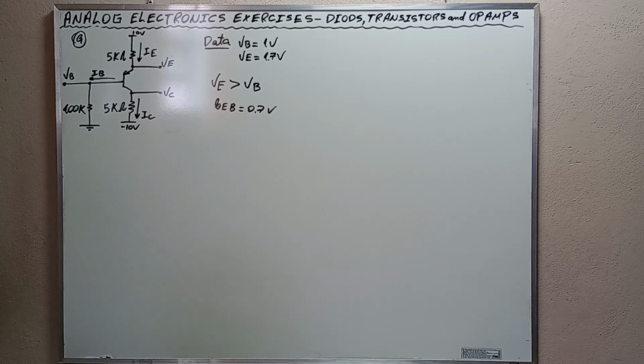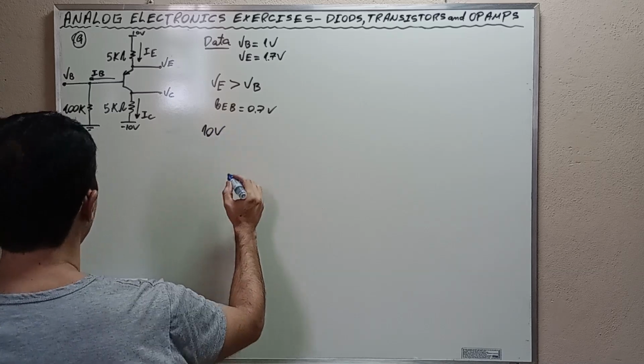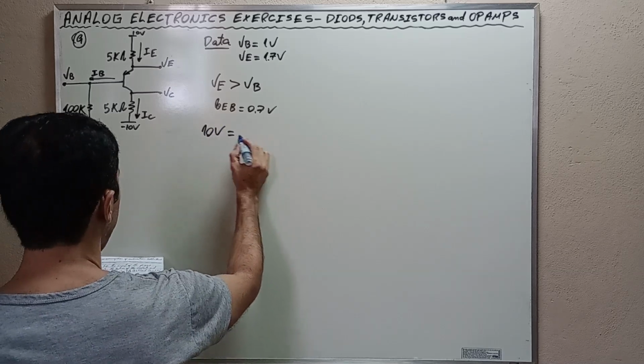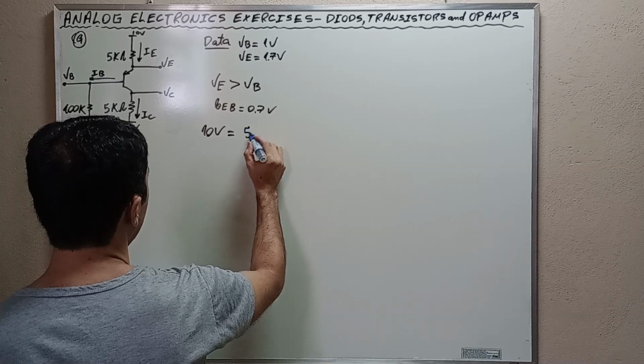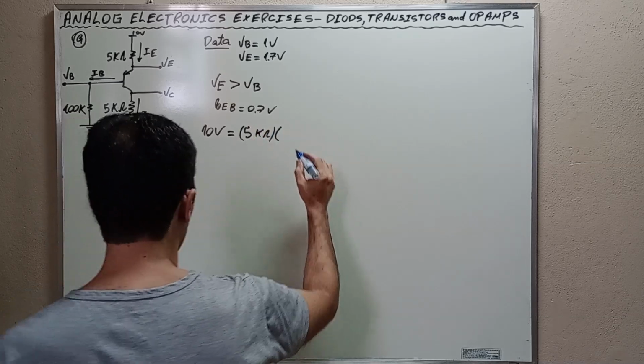Okay, as the voltage at the emitter is greater than the voltage at the base, we are going to assume active mode of operation. If so, 10 volts is going to be equal to 5 kilo ohms times IE.